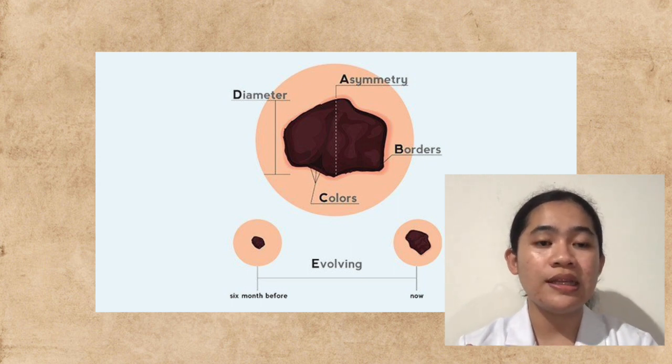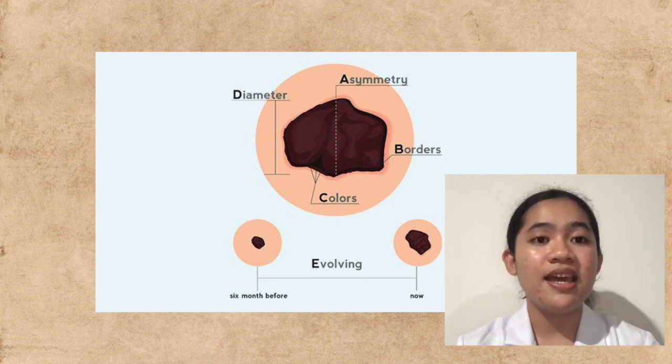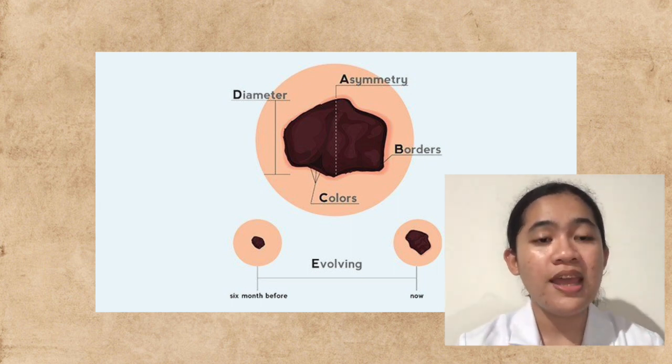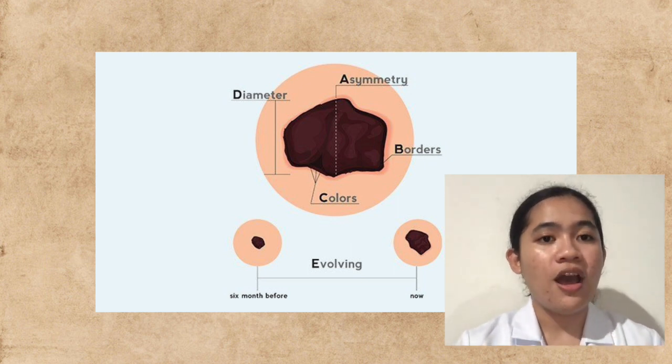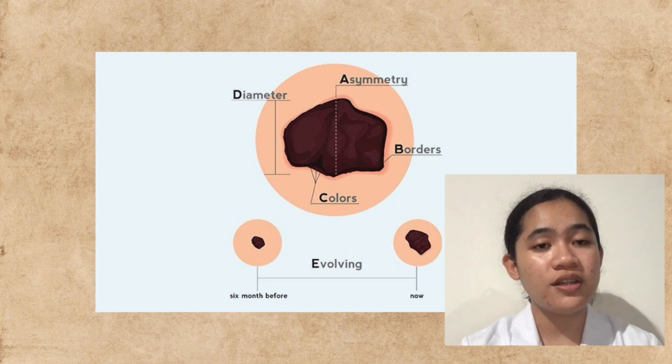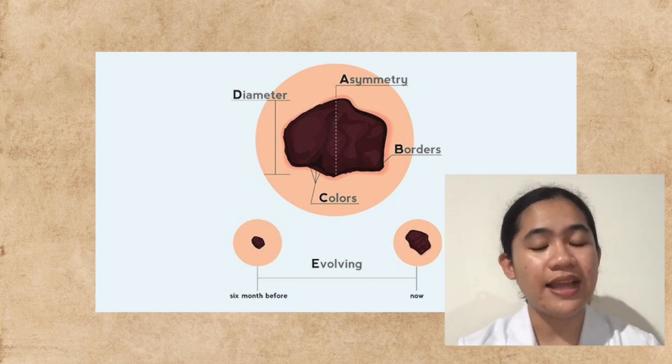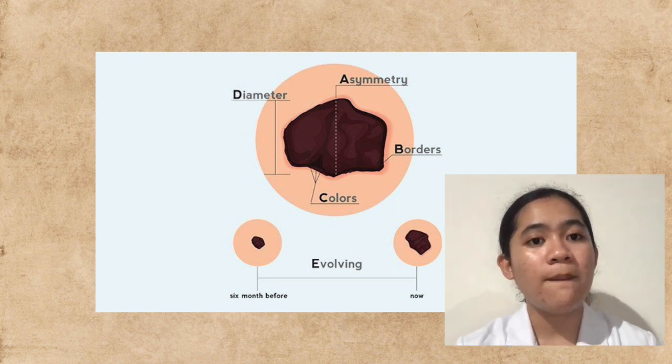If it's small, then it should stay small, but if it evolves into a bigger size, then it is already abnormal and it may become a risk factor for the occurrence of malignant melanoma or skin cancer in your body.